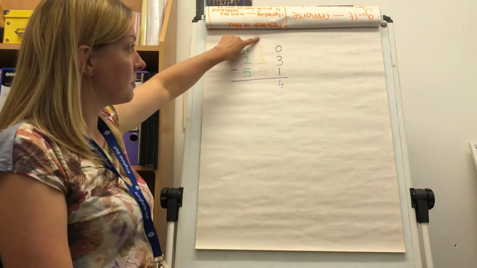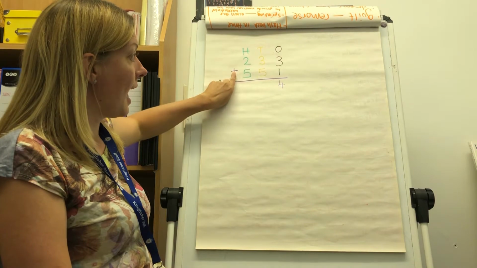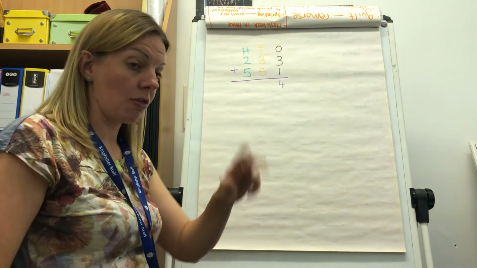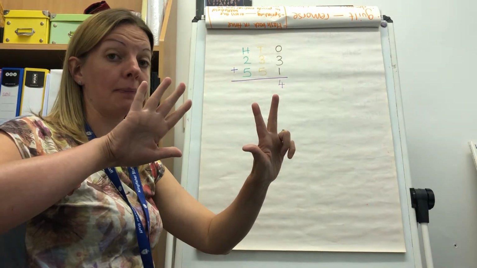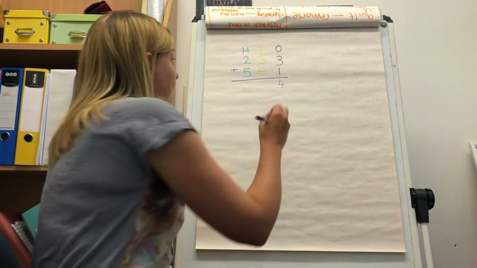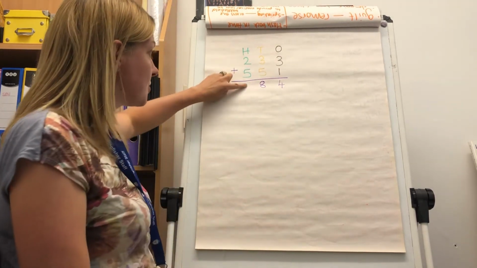Then I'm going to move to my tens column next. I've got 3, add 5. 3 and 5 more gives me 8. And then I'm going to look at my hundreds column.